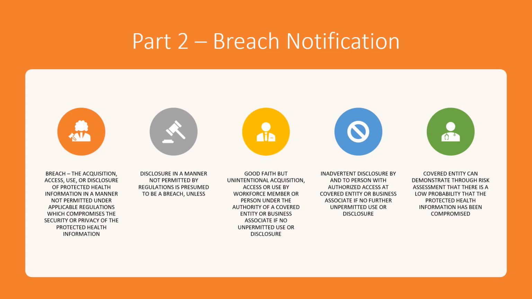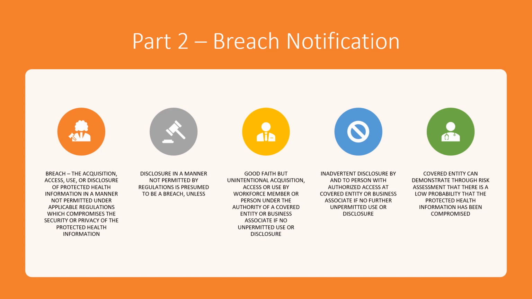Or if there's any inadvertent disclosure by a person who's authorized to access the PHI at a covered entity or business associate to another person that has authorization to access that PHI at the same covered entity or business associate, or an organized healthcare arrangement in which the covered entity participates, and the information received as a result of that disclosure is not further used or disclosed in a manner that's not permitted under subpart E, then that would be unintentional as well.